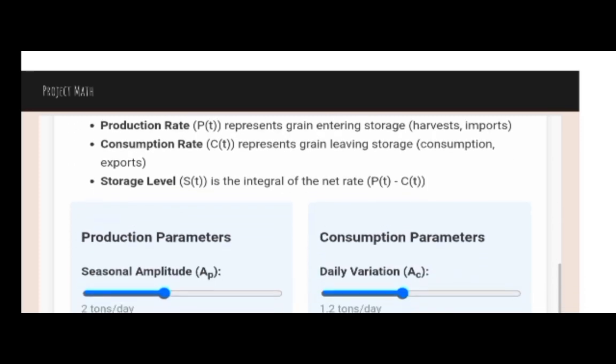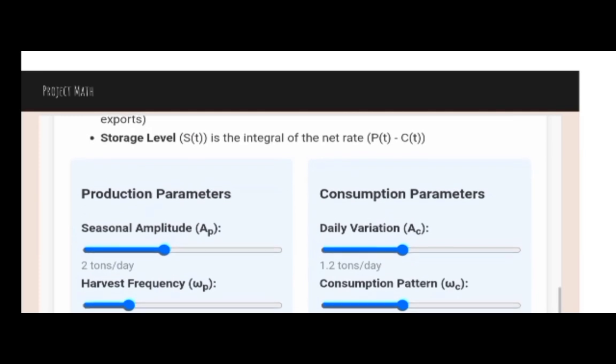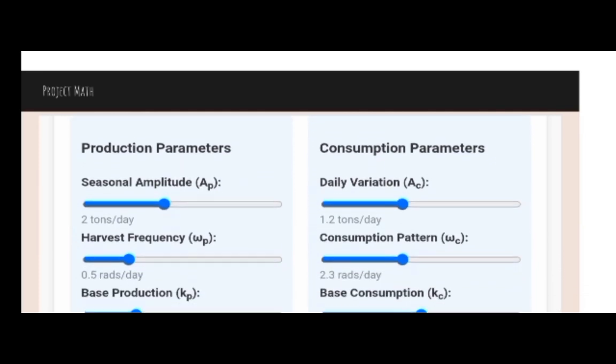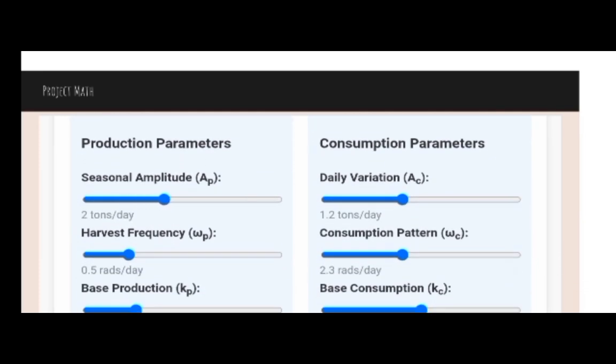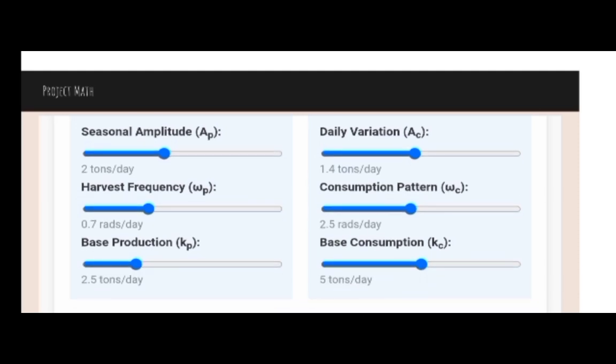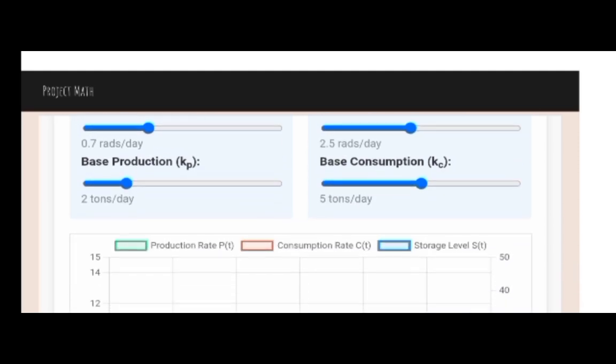From this simulation, which is the animation, we can learn about modeling dynamic systems, which is fruit production. Input and output are not always constant and can change over time, and calculus helps model this change using derivatives and integrals.